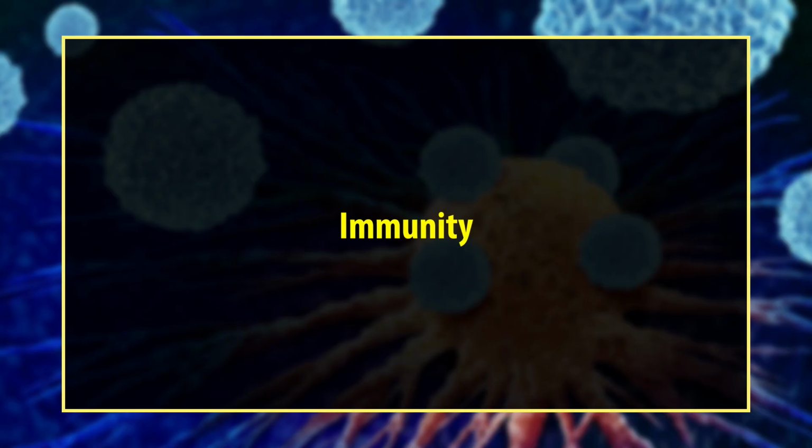The second part is immunity. Immunology encompasses the physiological processes enabling the body to recognize and respond to foreign materials, neutralizing, eliminating, or metabolizing them, ideally without harming its own tissues.